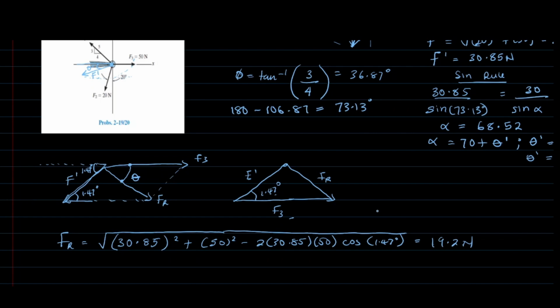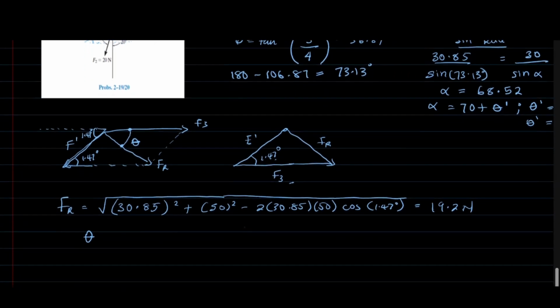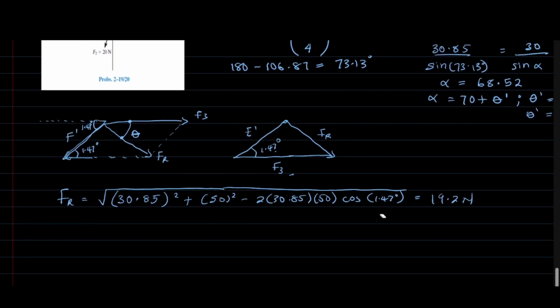Now to simply get theta, we're going to use the sine rule. We have that an alternate angle. Just want to include theta in the angle. This is an alternate angle, so here's also theta. So we can simply put theta here.